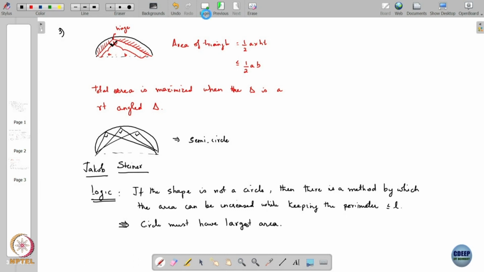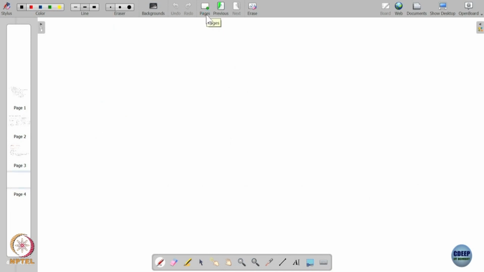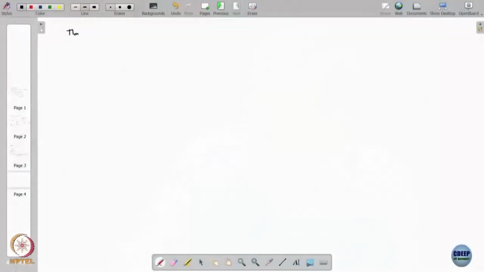Okay. Now there is a problem with this logic. The problem is the following: I can use this logic to prove many kinds of things, such as, for example, I can prove this theorem.